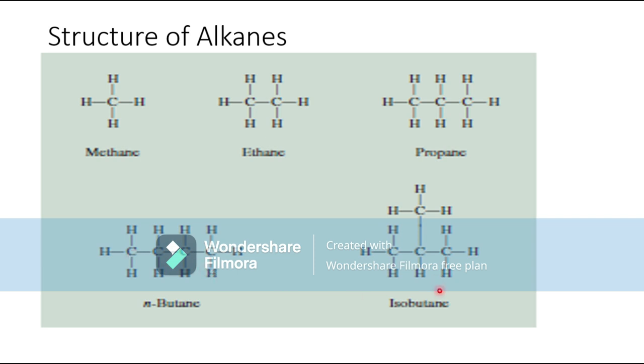And we have isobutane, a branched form of butane. It also consists of 4 carbon and 10 hydrogen, but in a branched form. You can see here it is equally symmetrical.